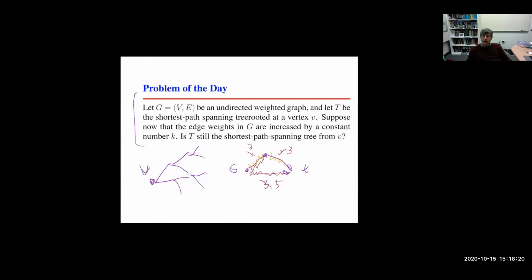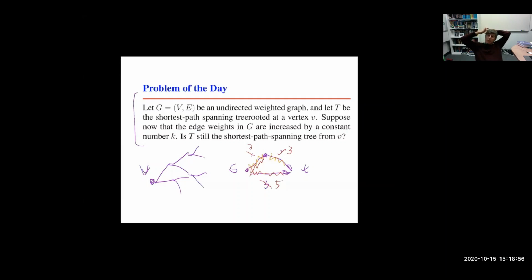Does everybody see that? The topology of the tree has changed when you add the same amount to every edge. This is one that's important to see. This is not that hard. If you don't see this, this is a good question to ask. Any questions about that? It gets at the heart of what is a shortest path spanning tree. Any questions?